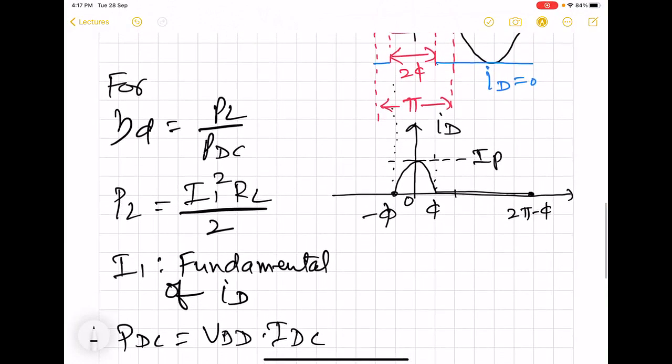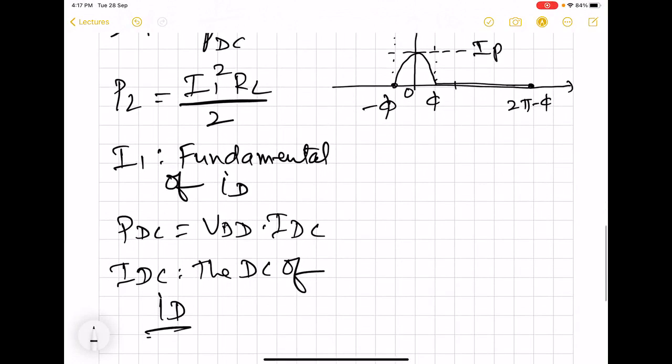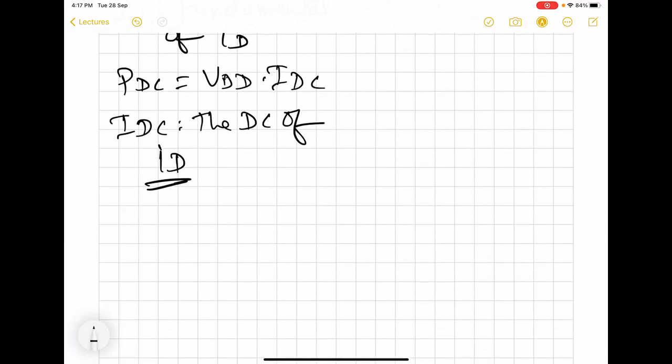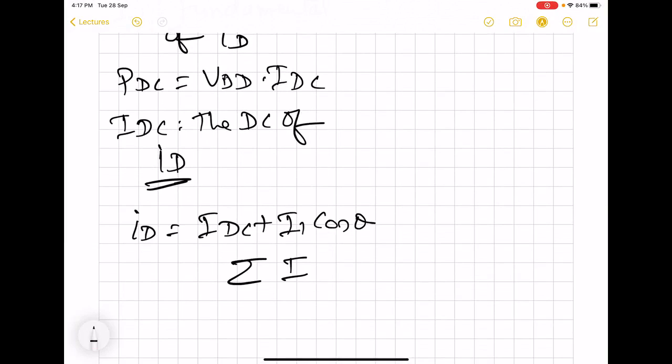But before we carry out the Fourier analysis of ID, we first need to know the mathematical expression for this drain current. So we know that in general, this ID is going to be IDC plus fundamental plus other higher components.